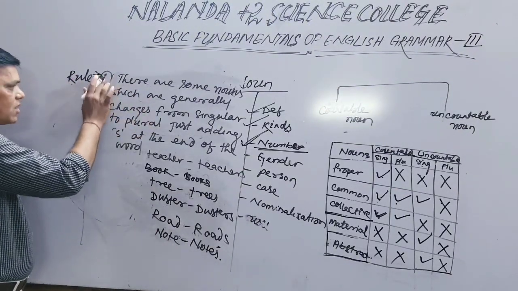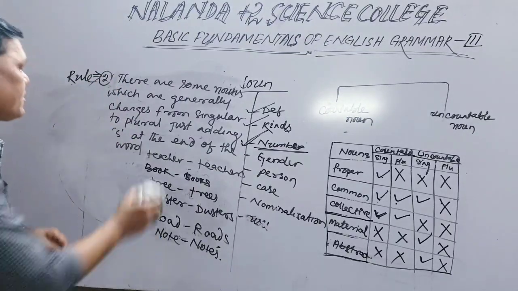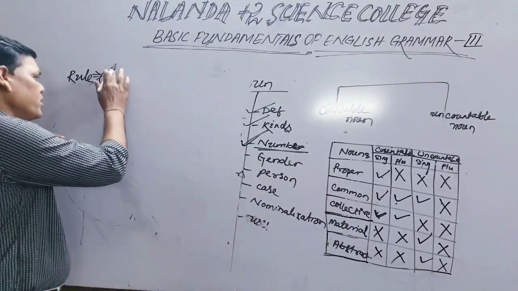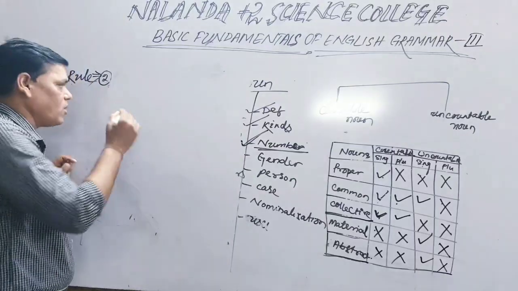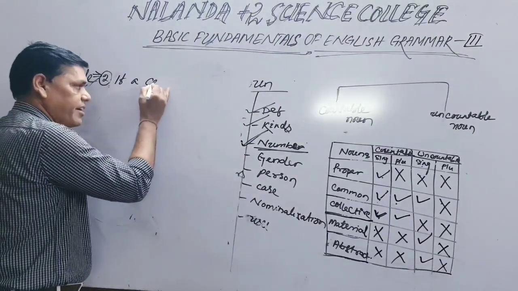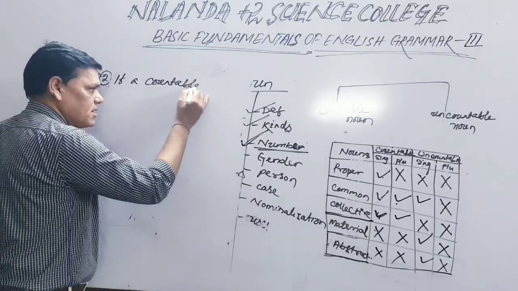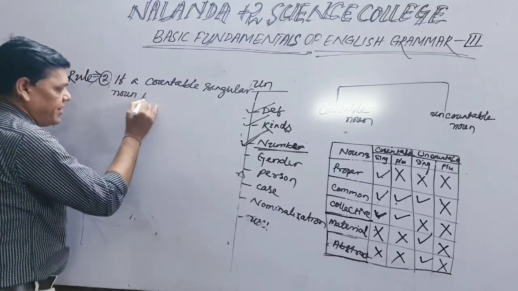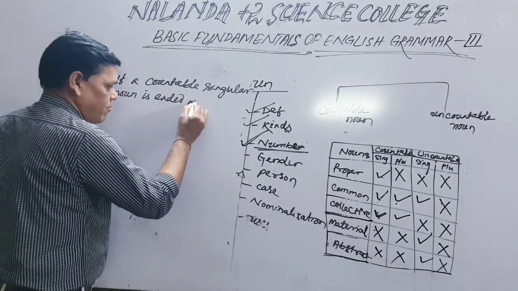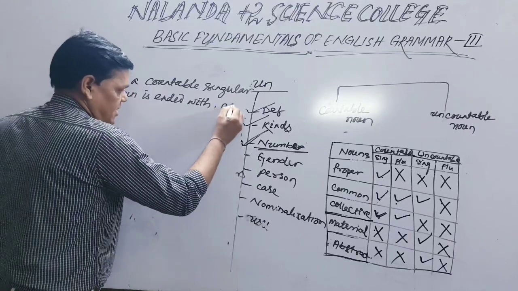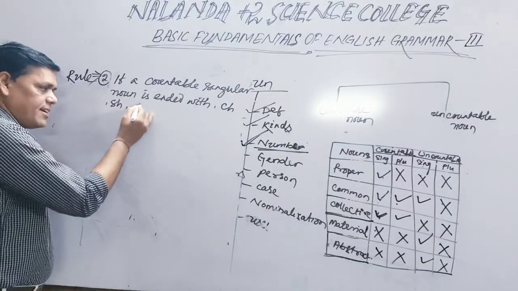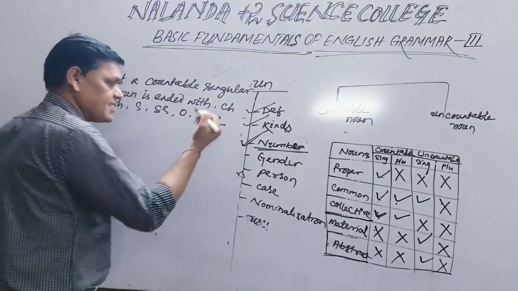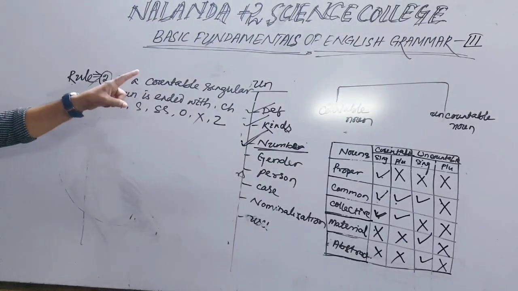Let's go to the second rule. If a countable singular noun is ended with ch, sh, s, ss, o, x, z.